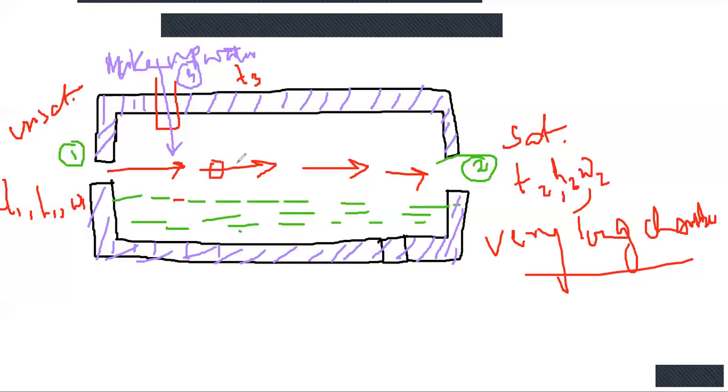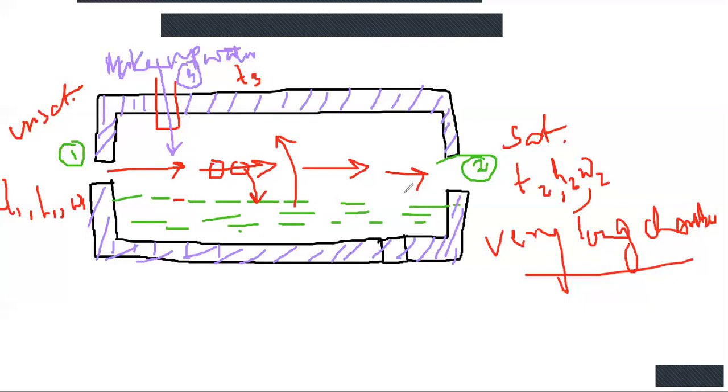So the requirement of heat is met from the air into the water, so the latent heat of evaporation is taken from the stream of unsaturated air, so that water goes into vapor condition, and the level of water goes down.